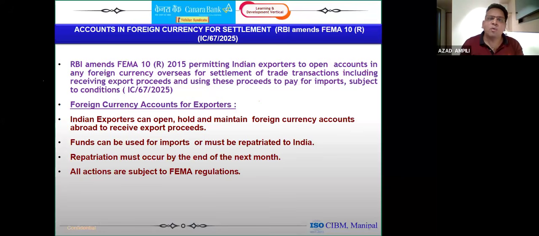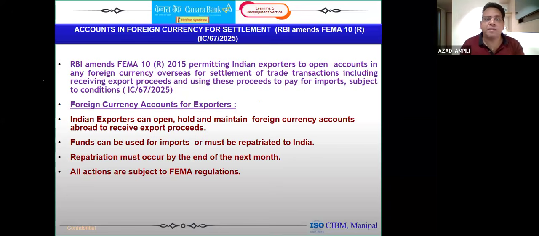Till now, we were only opening foreign currency accounts in India. Now RBI has allowed them to open accounts in any foreign currency, at any branch abroad, in any bank. Number 3 is any number of accounts they can open. It's a very big change.